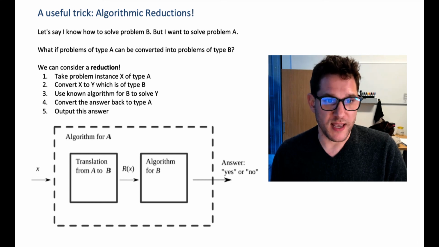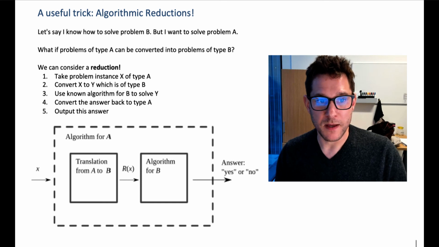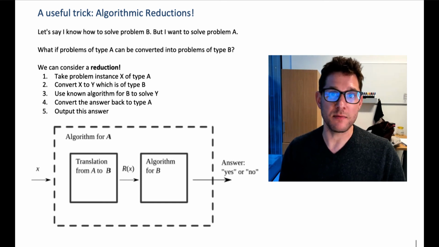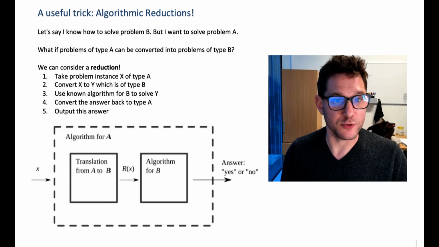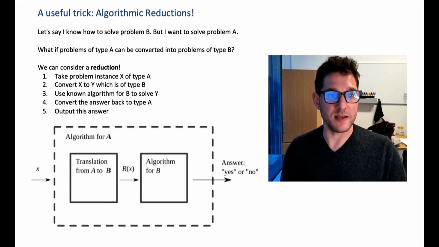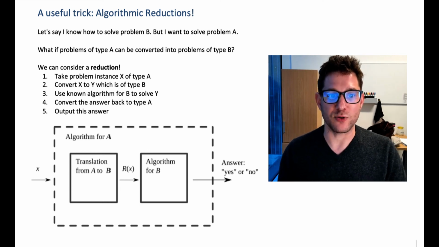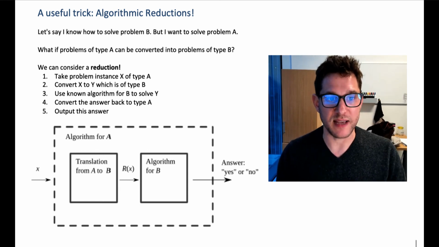The approach you could take is simply to take some instance of the problem, let's say of type A, do some conversion, modify x to y, which is now of type B, take whatever algorithm you have for solving instances of B, get the answer back, convert the answer back to an answer of type A, and then output this answer.